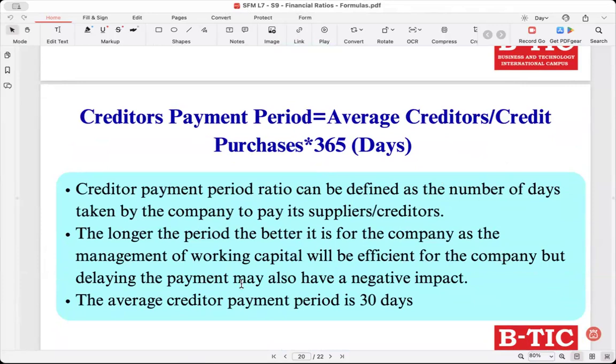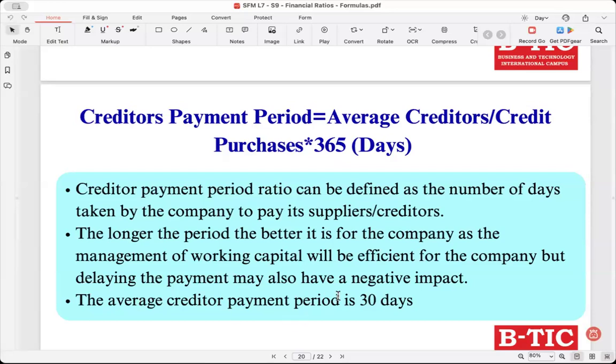But you know what happens when you delay the payment to the creditors, right? You have other repercussions. So it is better if there's a longer period, but at the same time, you have to remember there are other disadvantages when you delay the payment to the creditors or suppliers.